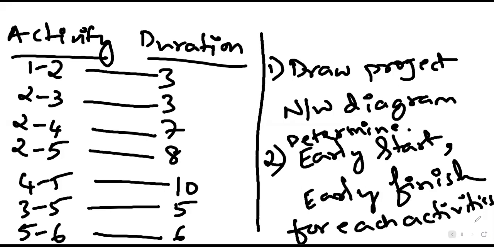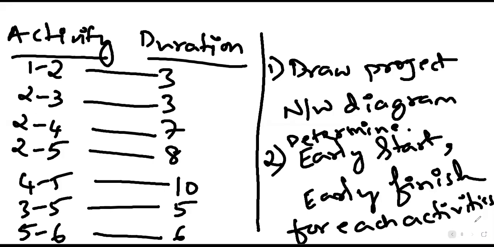I think in the previous problem, we have not completed it. Do one thing: just make note of this question statement, and then we'll go back and complete one more step. What we have done is only calculate the early start for each of the nodes, but we have not calculated early start for each of the activities.